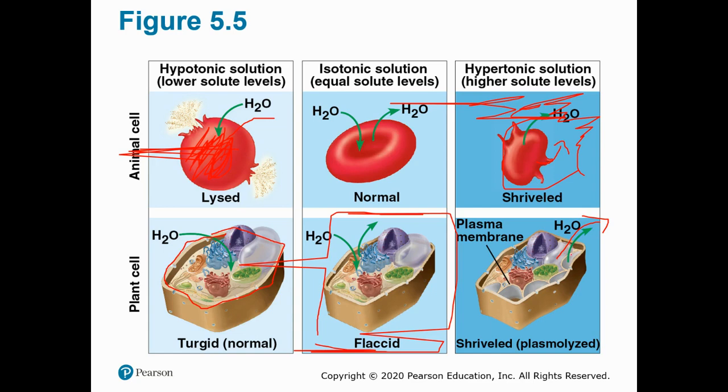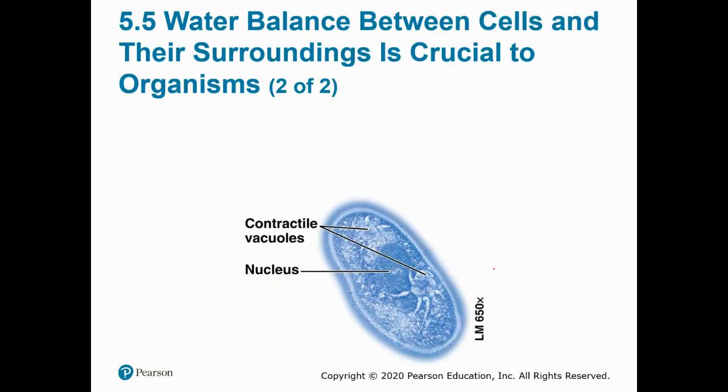But they have a plasma membrane that's attached to the cell wall, and then what you see is plasmolysis, which can be the death of the cell. And that's hypotonic, hypertonic, isotonic for you. That's osmosis for you.